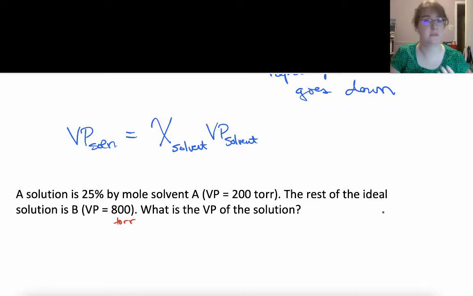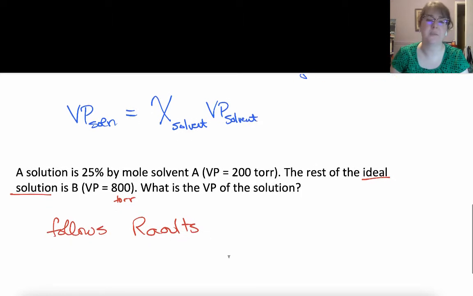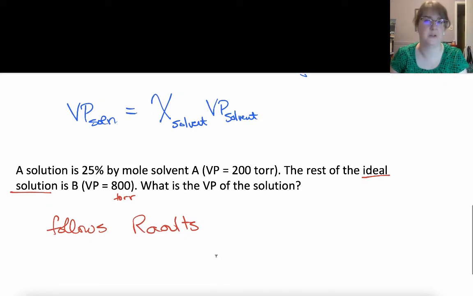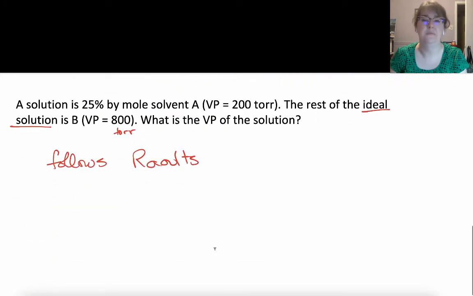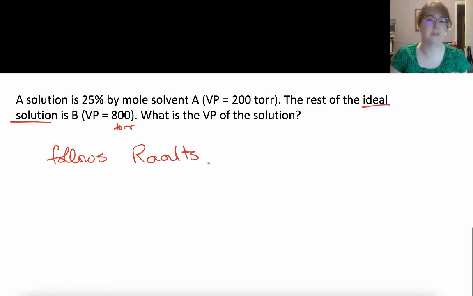A few things about this question. One, it told me that it's an ideal solution. An ideal solution, by definition, follows Raoult's law. This notion of vapor pressure lowering is called Raoult's law, and telling me that I have an ideal solution tells me that I get to use that equation.